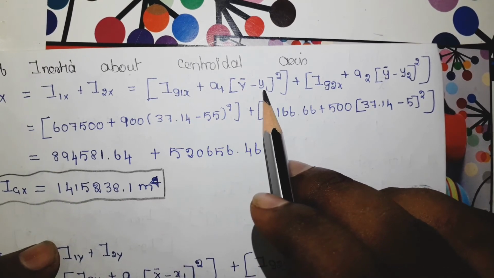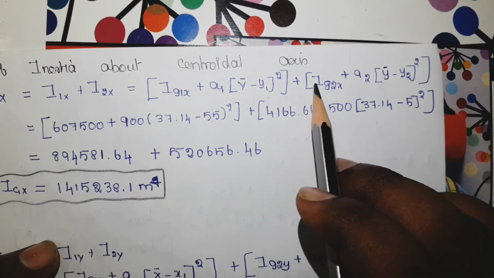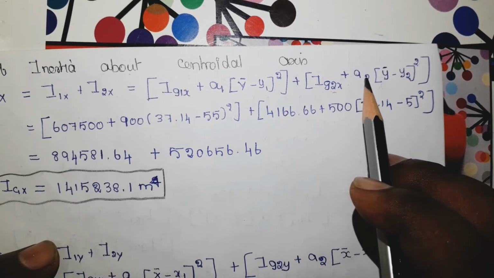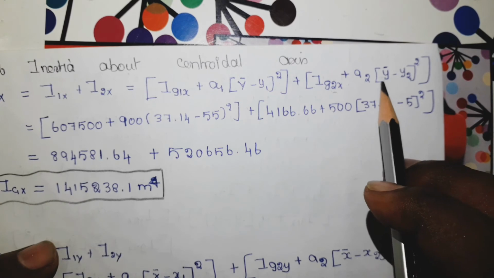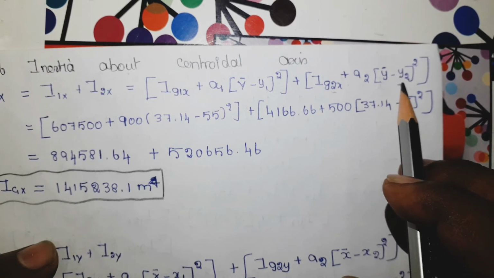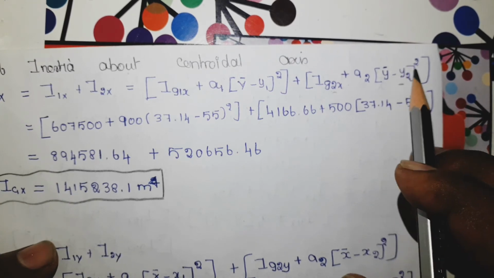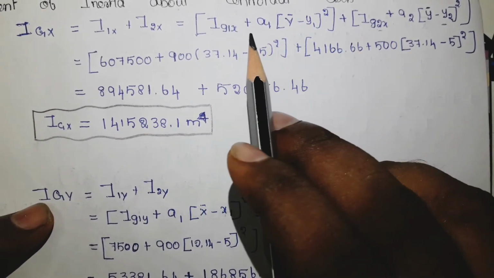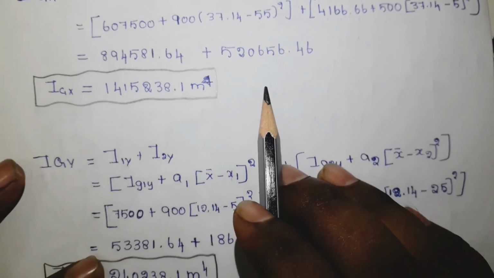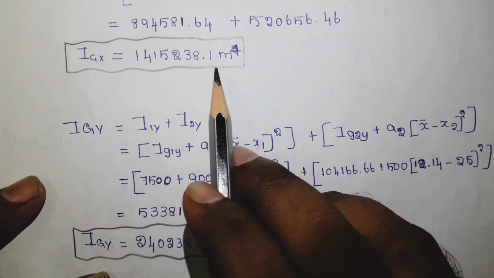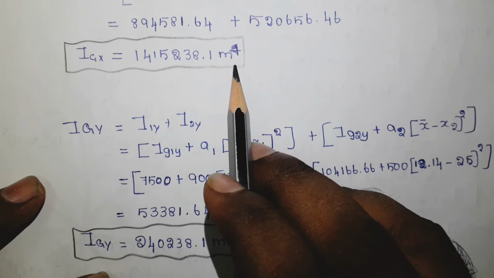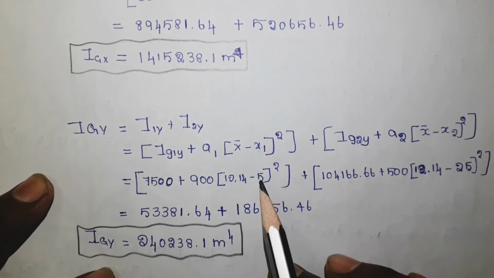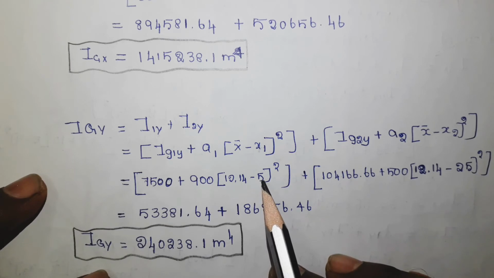So y bar minus y1, the whole square, plus for the second rectangle I g2x plus a2, y bar minus y2, the whole square. Substitute all the values we have already found, and you will get the answer. Make sure that the units are meter to the power 4. This is the moment of inertia with respect to the centroidal x-axis.